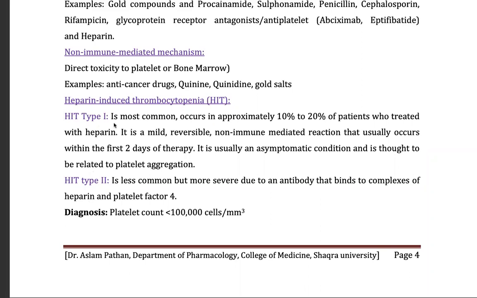What is type 1? Type 1 is the most common, occurring in approximately 10 to 20% of the patients who are treated with heparin.